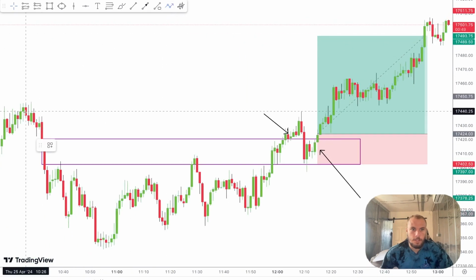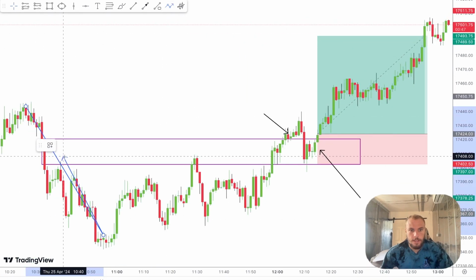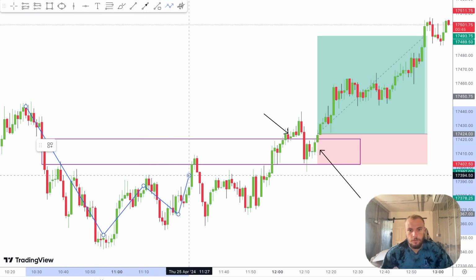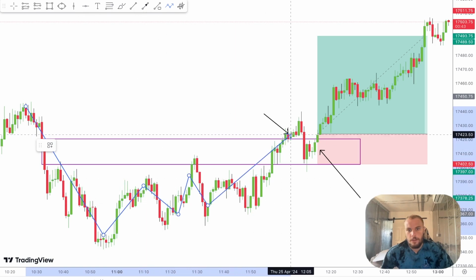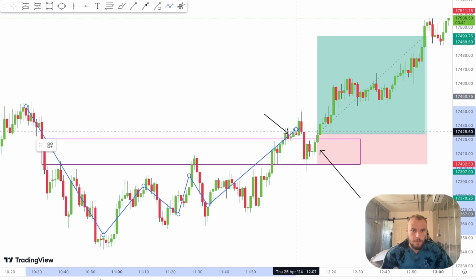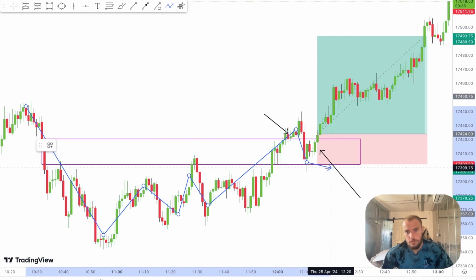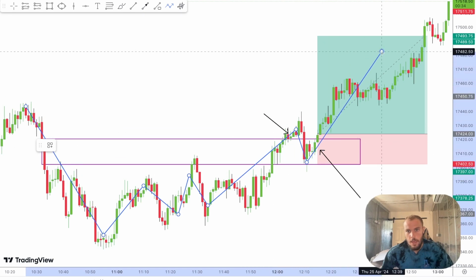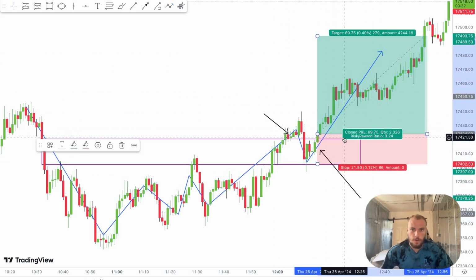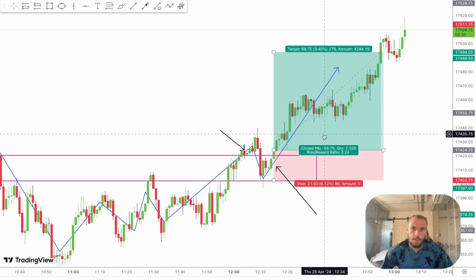So to see that one more time, price comes down, creates this FVG, price messes around for a while, but eventually it breaks our FVG, comes back down for the retest, and then breaks out again, which is where we enter, and boom, we're in there.